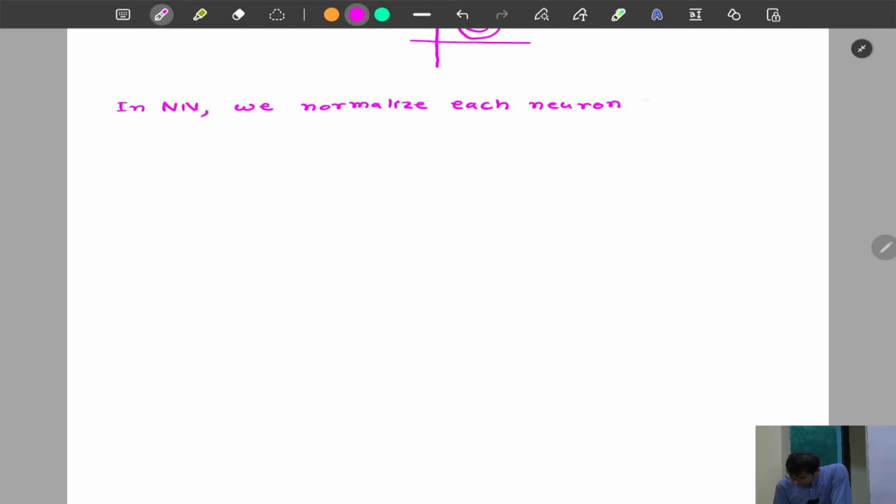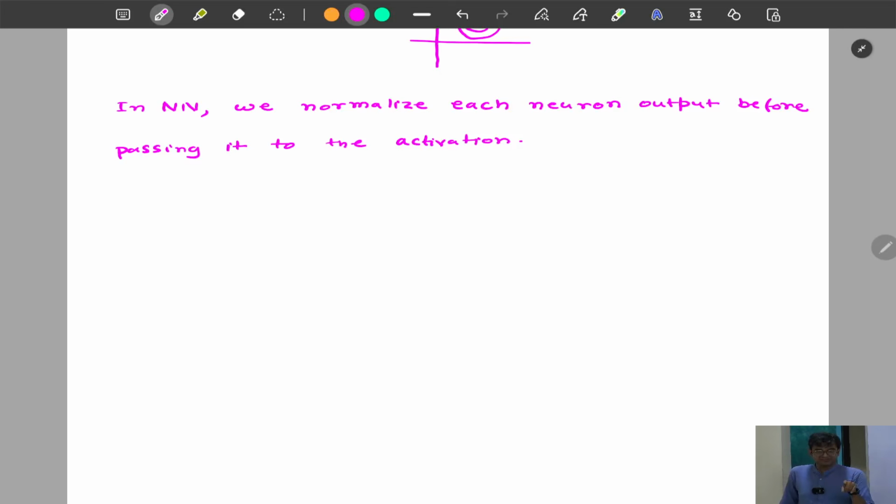Okay, in each neuron output, before passing it to the activation. So basically you will do Wx plus b, that is your z, you will normalize z and then pass it to, let's say, tan hyperbolic or ReLU or whatever.